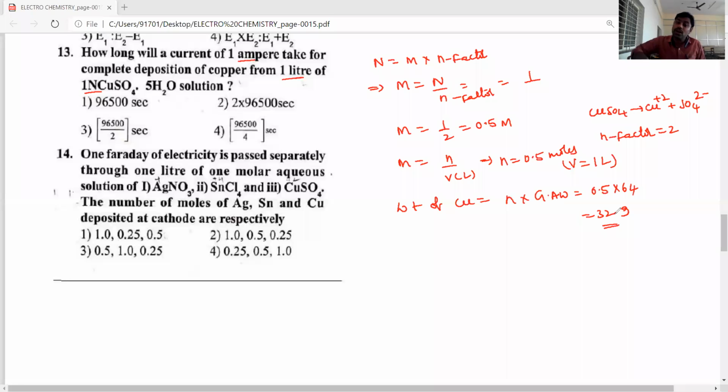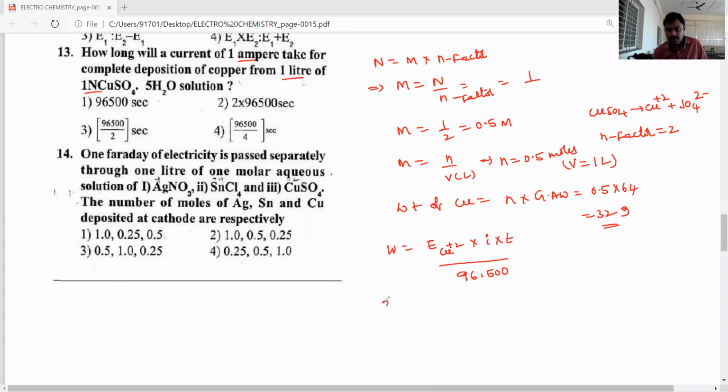Okay, for deposition of 32 grams of copper at the respective electrodes when the current of 1 ampere is passing, how much time will it take? See, the weight equals the equivalent weight of copper, which is 64 by 2, equals 32, into I into T by 96,500.